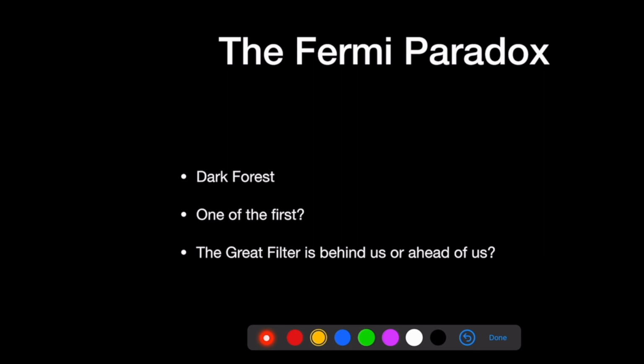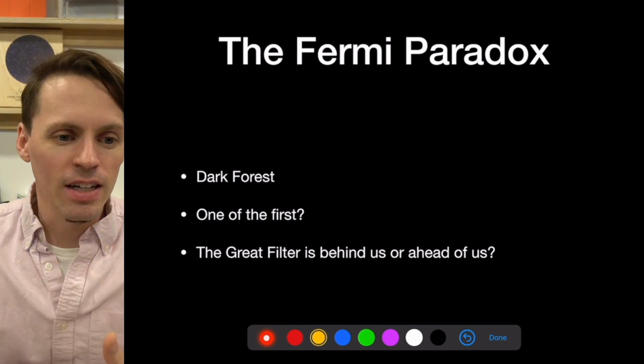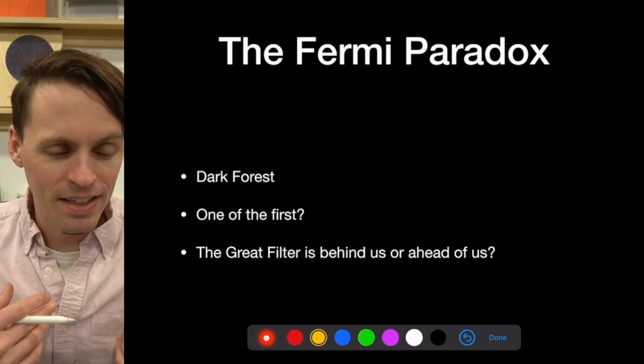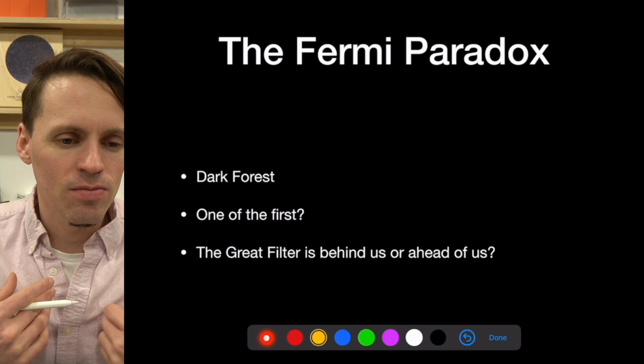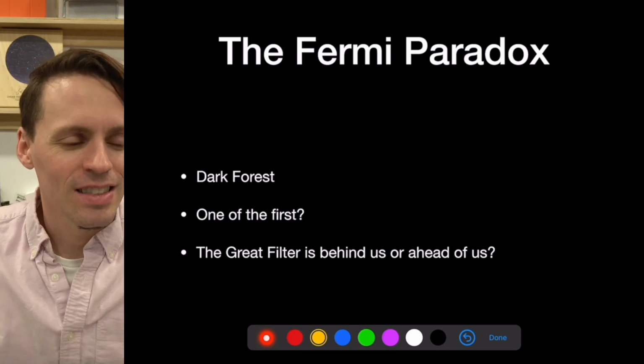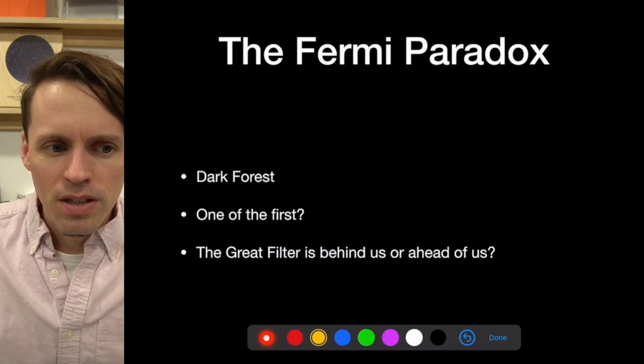Cool off. And then there's this idea of the great filter. And the great filter is this idea that something is going to kill us. Either we are ahead of it or we are still behind it, which means it is ahead of us.